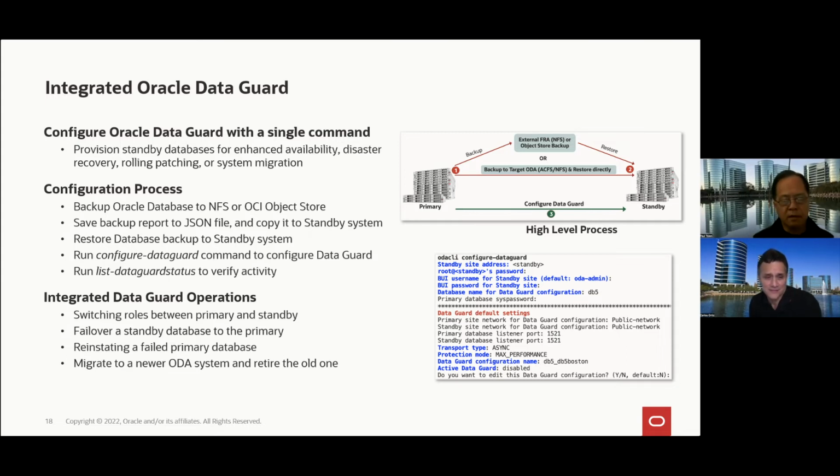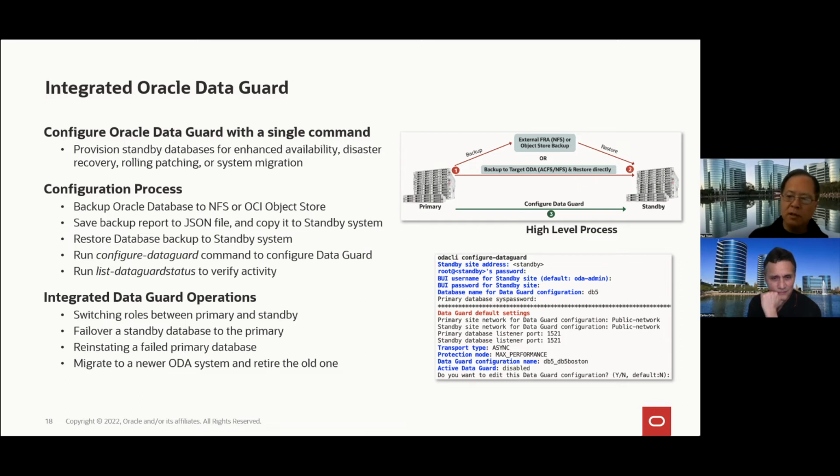Yeah, thanks, Carlos. So Data Guard is really important, all right? For any customers that care about high availability, this is really the solution, right? Because these days, there are a lot of natural disasters, right? Your data center could go down because of hurricanes or earthquakes or fires, right? So you always want to have a backup database somewhere else, right? Not only that, with Data Guard, it also allows you to do almost zero downtime patching, right?